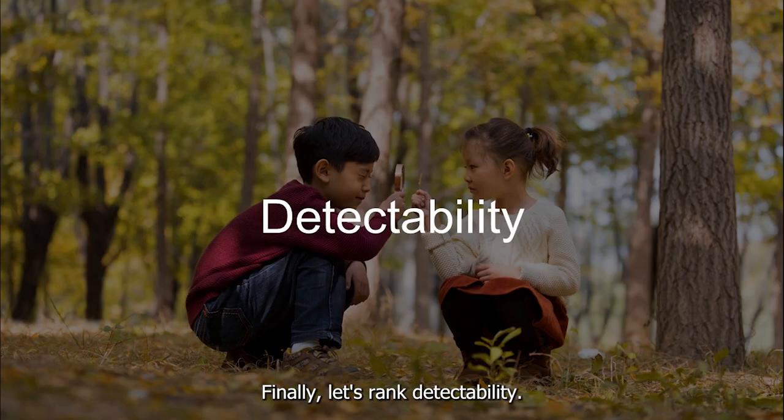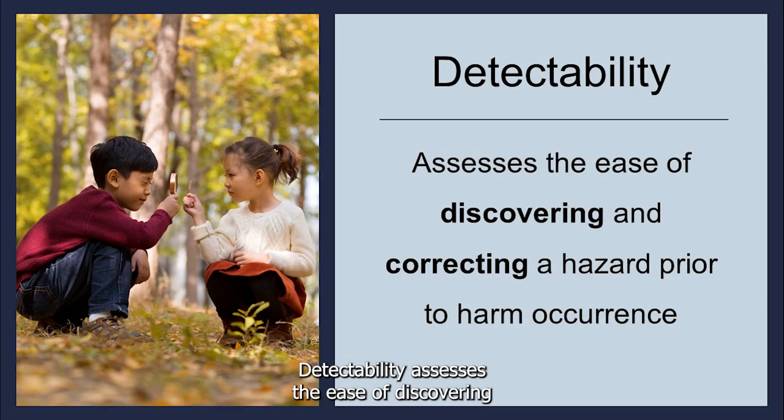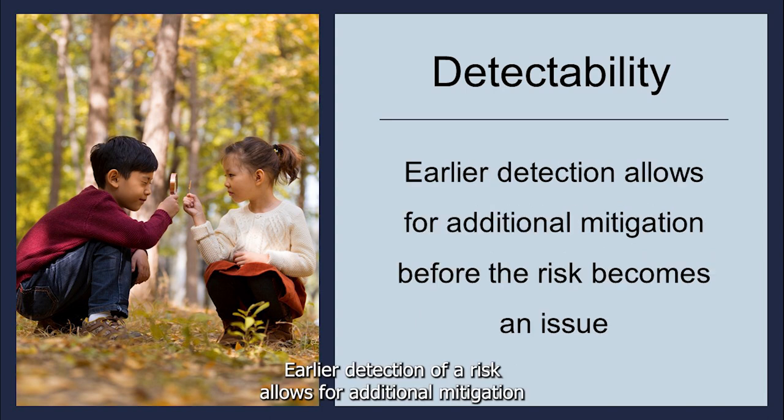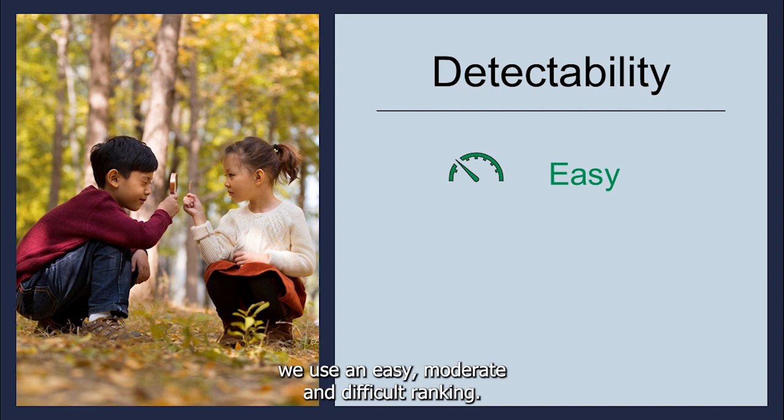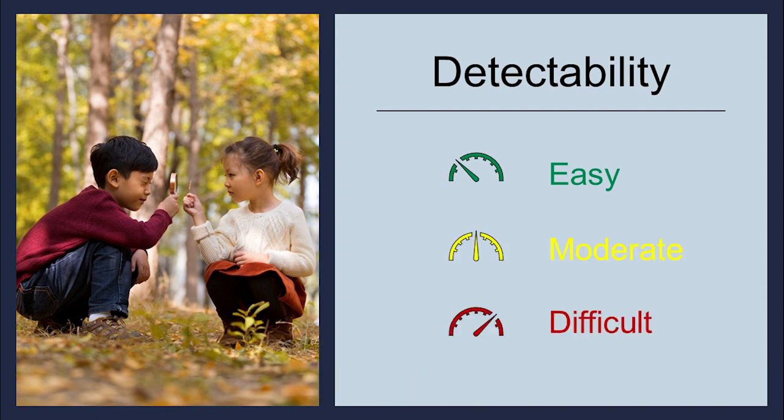Finally, let's rank detectability. Detectability assesses the ease of discovering and correcting a hazard prior to harm occurrence. Earlier detection of a risk allows for additional mitigation before the risk becomes an issue. For detectability, we use an easy, moderate, and difficult ranking.